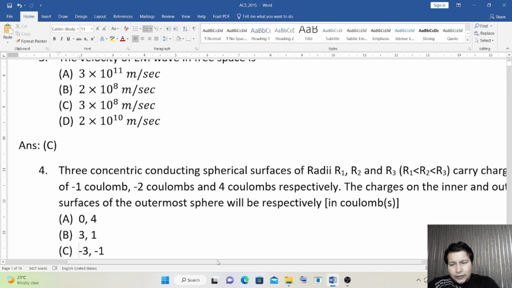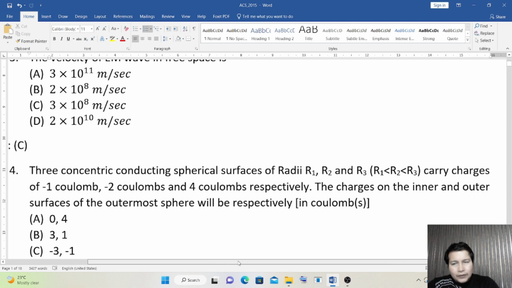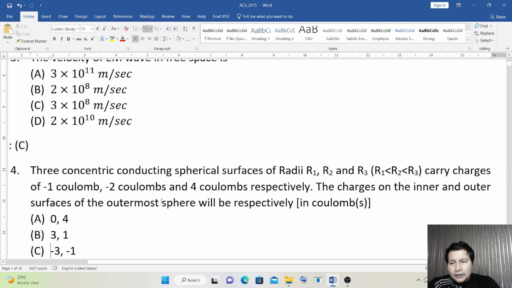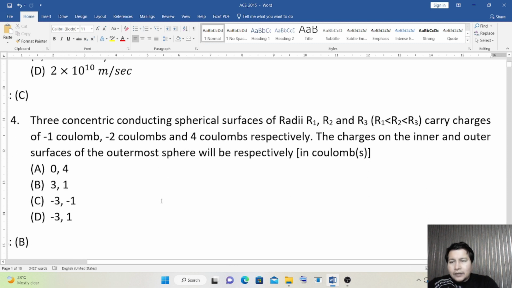Next question. Three concentric conducting spherical surfaces of radii R1, R2 and R3, R1 is less than R2 is less than R3, carry charges of -1 coulomb, -2 coulombs and 4 coulombs respectively.